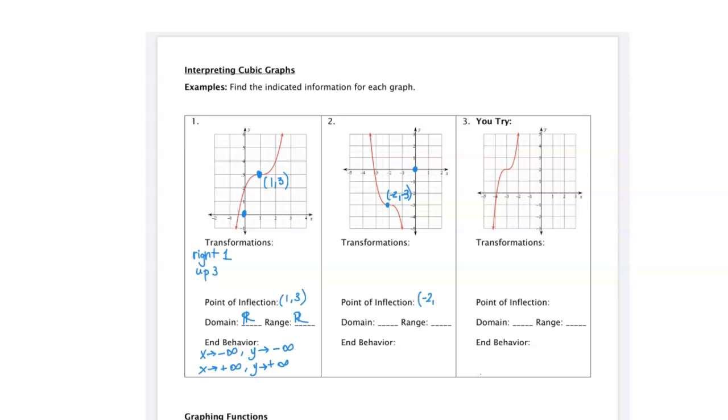So when you're thinking about the transformations, we've gone over to the left by 2, and we've gone down by 3. There's one more thing to note. Usually our parent function goes up from left to right. This one is going down as we travel from left to right. So this is a reflection.